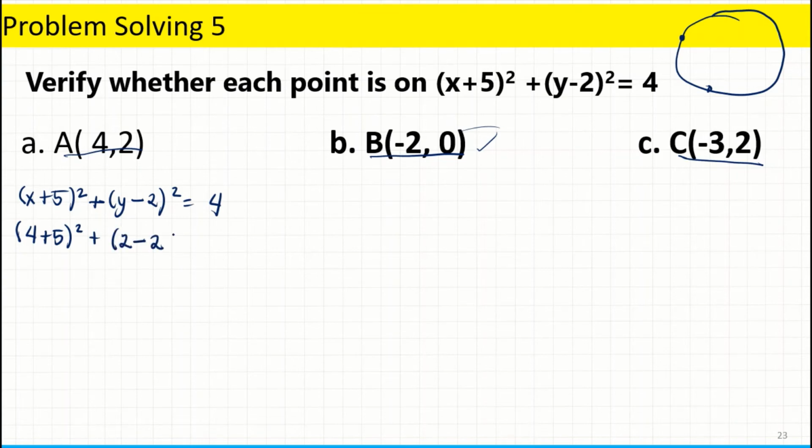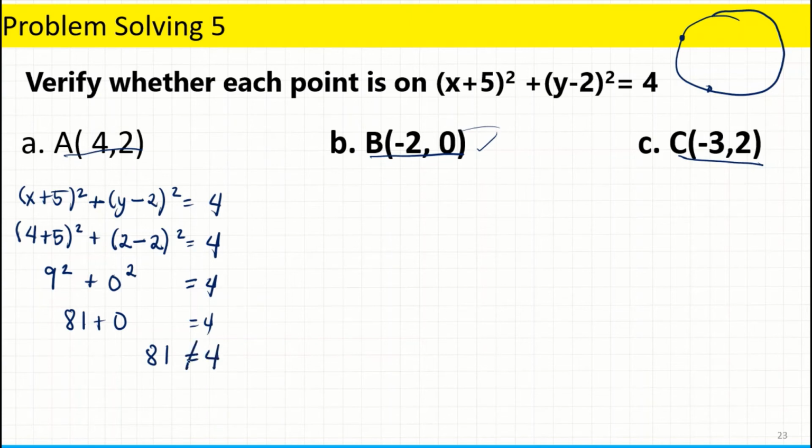So 4 plus 5 is 9 squared, plus 2 minus 2 is 0 squared, equals 4. 9 squared is equal to 81 plus 0 equals 4. So 81 is equal to 4.